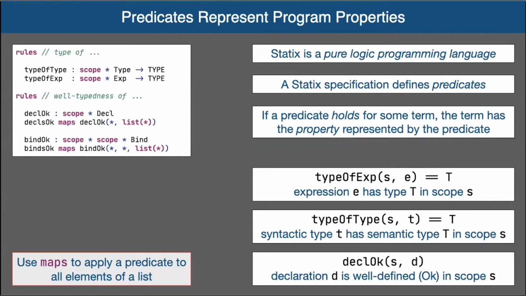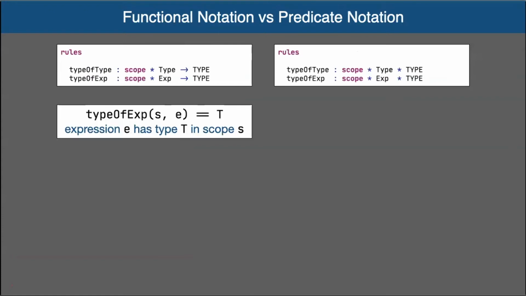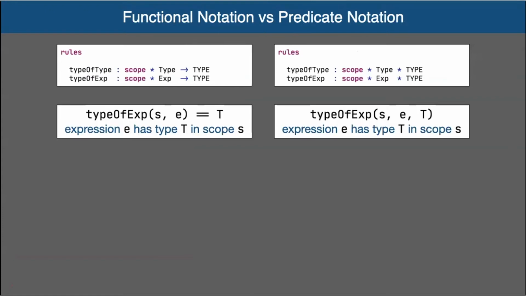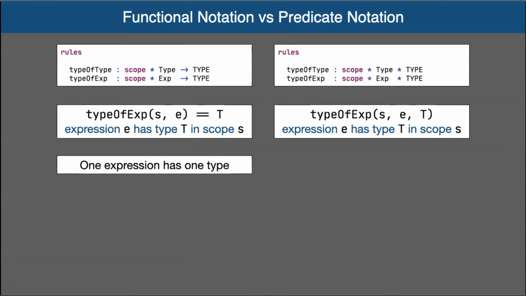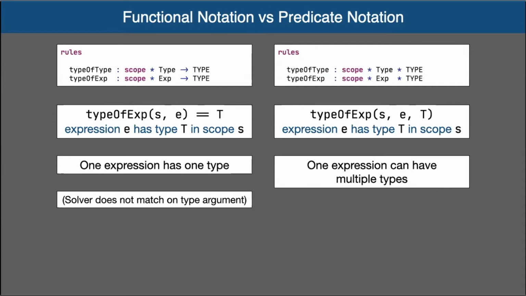And the scopes represent names or name binding, as we'll see in a bit. In Statics, we have this functional notation that is somewhat isomorphic, but when you use the functional notation, it's a one-to-one mapping. We're saying this expression has one type. If you have the predicate notation, then an expression can have multiple types.